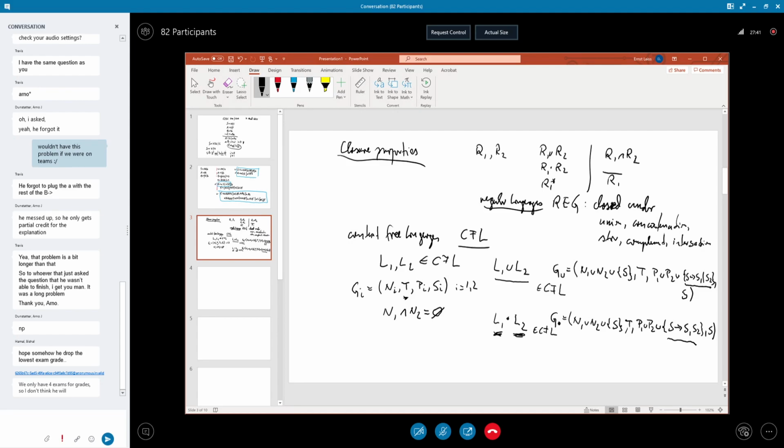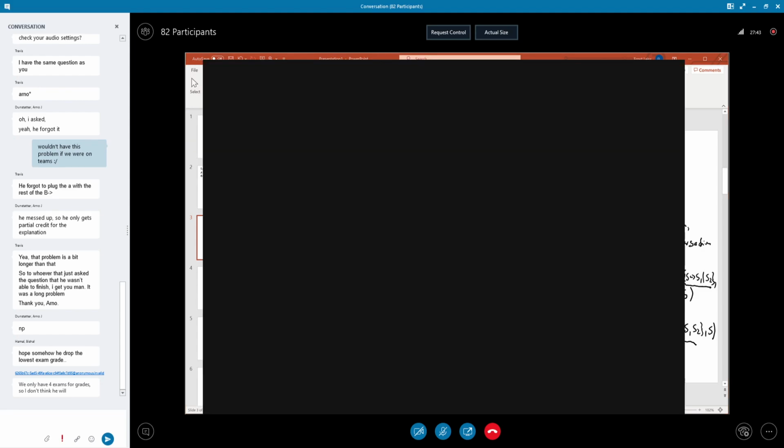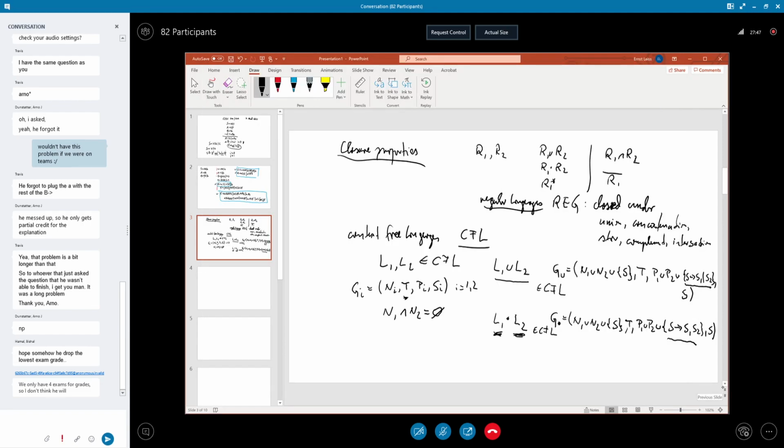So now we want to do the star. So there is L1 star, and so we have G star, which is N1 union a new starting symbol S. T, of course, is the same terminals.